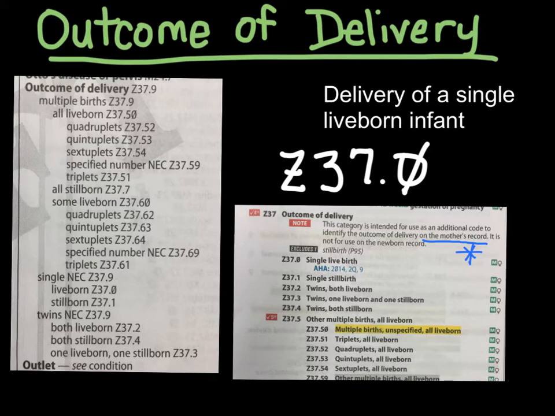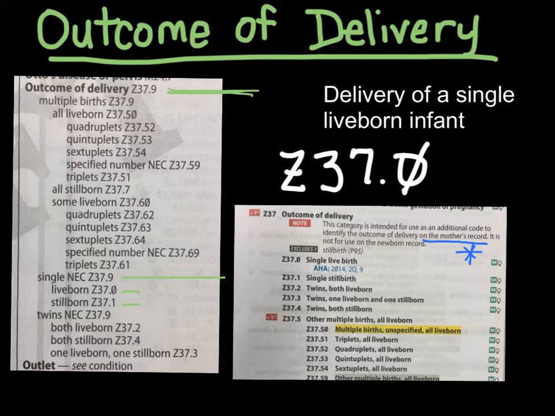Let's take a closer look at these outcome of delivery codes. First of all, how do you find an outcome of delivery code? You begin in the alphabetic index of your CM codebook under the main term, outcome of delivery. Look at all the subterms that are available here as options. We have single, one infant, and you can designate whether it was live-born or stillborn.